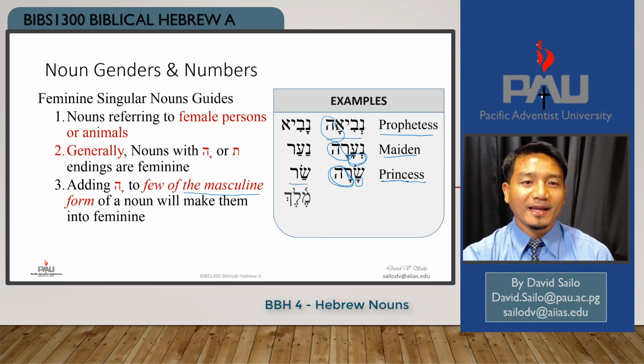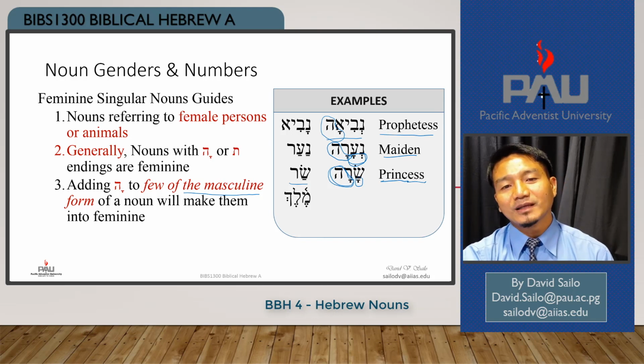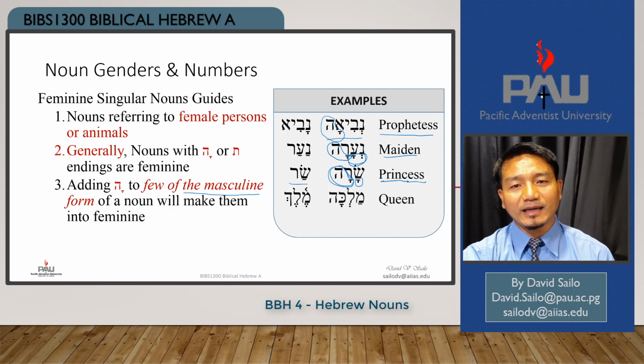Okay. Let's look at Melech again. We already know that Melech is king, right? So if you add the ending here again with some modifications, then you get what is called a queen. Okay? Let's look at the last example.